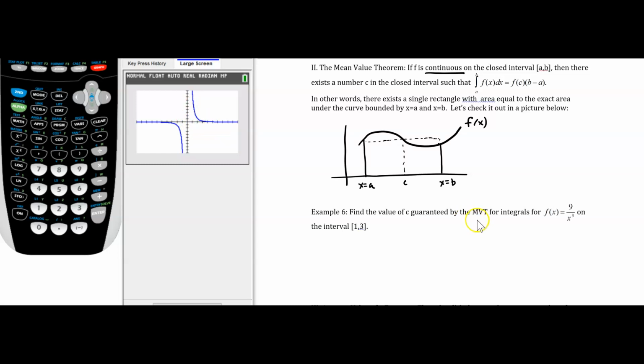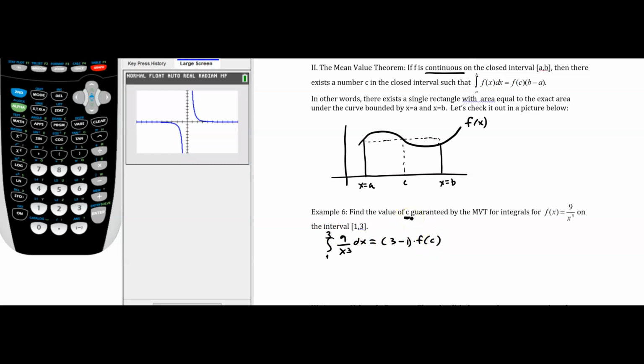It's totally fine when it says apply the mean value theorem to simply plug into the formula. So this becomes the integral of 9 over x cubed going from 1 to 3 is equal to 3 minus 1 times f of c. And ultimately we're trying to get at c.